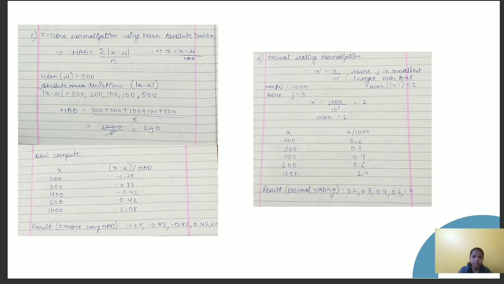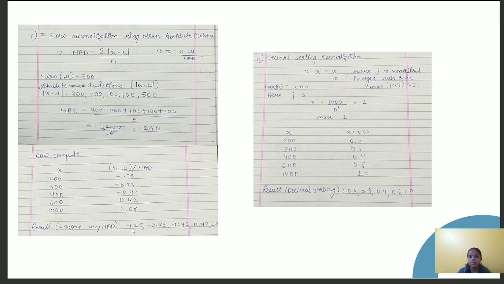Now we will compute this mean absolute deviation into our formula, that is (x minus mu) upon mean absolute deviation. When we substitute this value, our result is minus 1.25, minus 0.83, minus 0.42, 0.42, and the last one is 2.08.